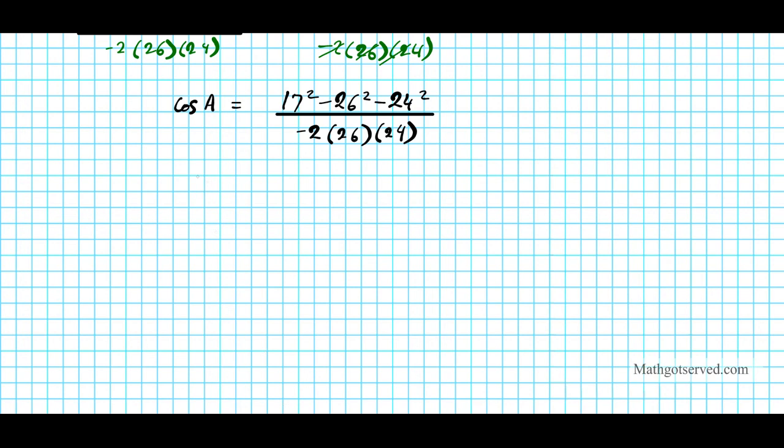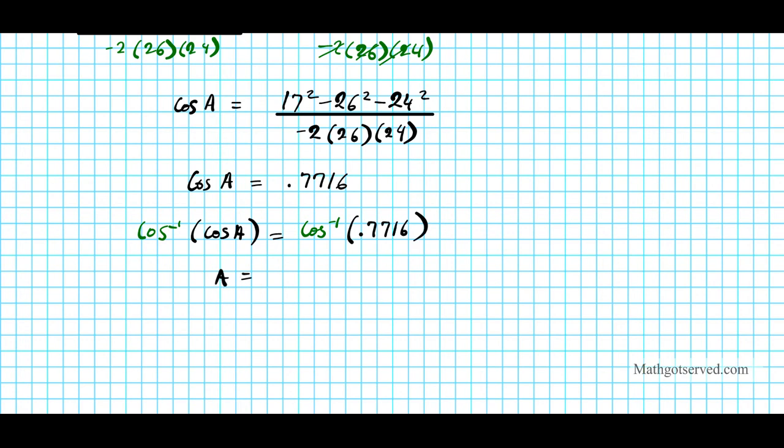So cosine A is 0.7716. Now to get A by itself, we take the inverse cosine of both sides. So the inverse cosine of cosine A on the left equals the inverse cosine of 0.7716.